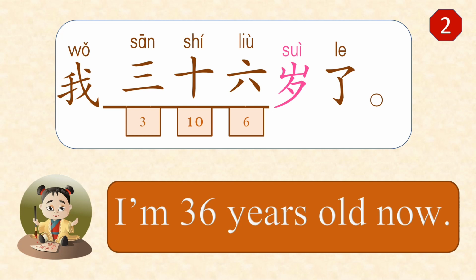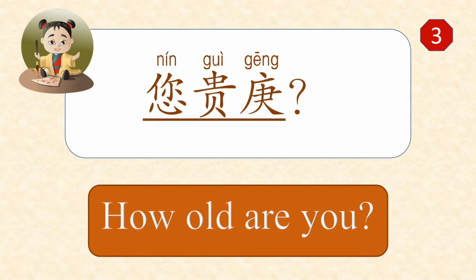This is the third type of asking for the age. 您贵庚? How old are you? Notice the pronoun, it is 您, not 你. Remember this? We've learned this in the January lesson. 您 is used for those who are older than you or who have higher social status. You use 您 to address that person. 您贵庚? How old are you?